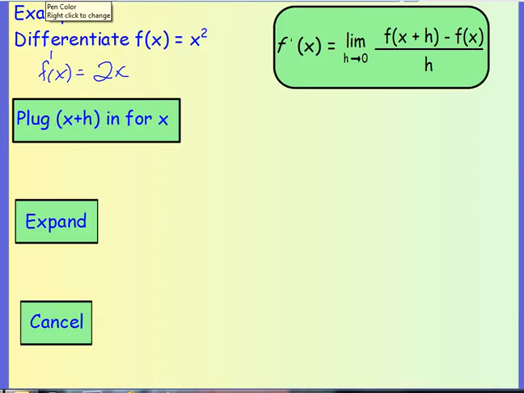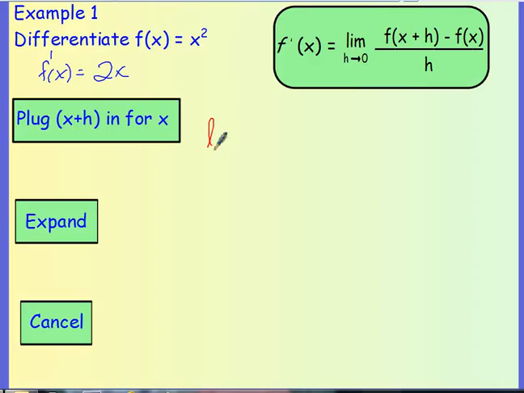So what does this mean? Just like what I told you, whatever's in the parentheses goes in for x. And f of x, this technically just means the original, because f of x is x squared. So what is this going to look like?